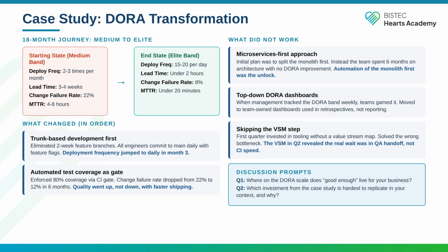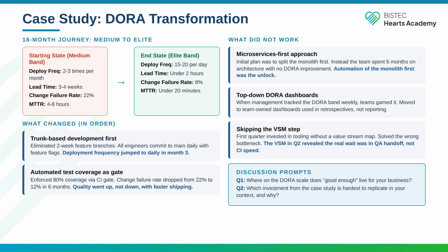First, they mapped their value stream and found that 80% of lead time lived in 3 places: the manual QA handoff, the deployment approval queue, and environment provisioning. They eliminated all 3. Second, they replaced the monthly release window with feature flags and a continuous deployment pipeline.